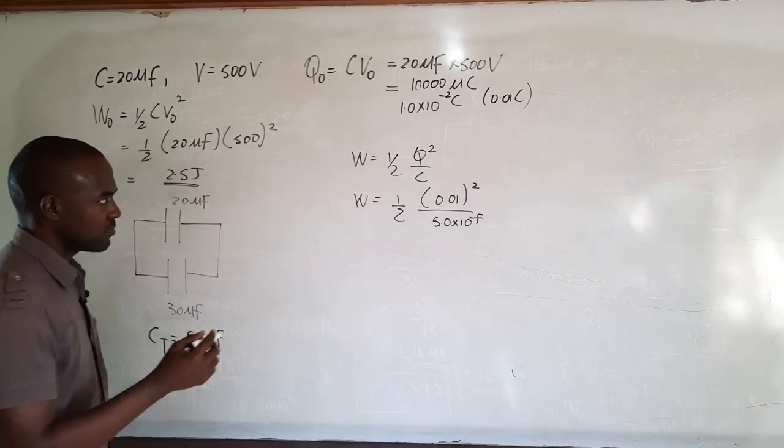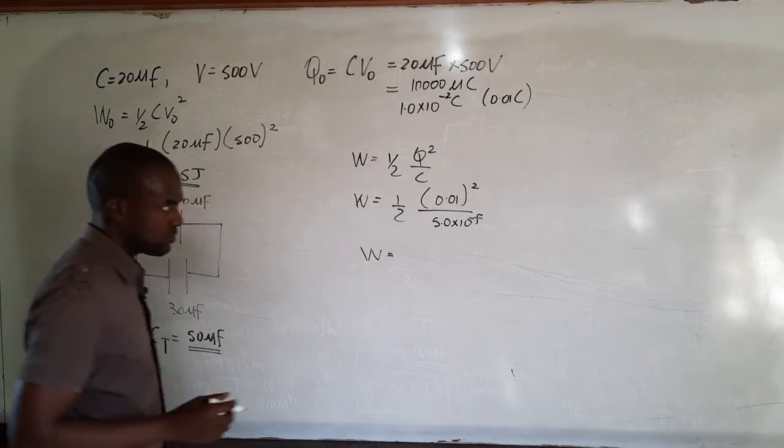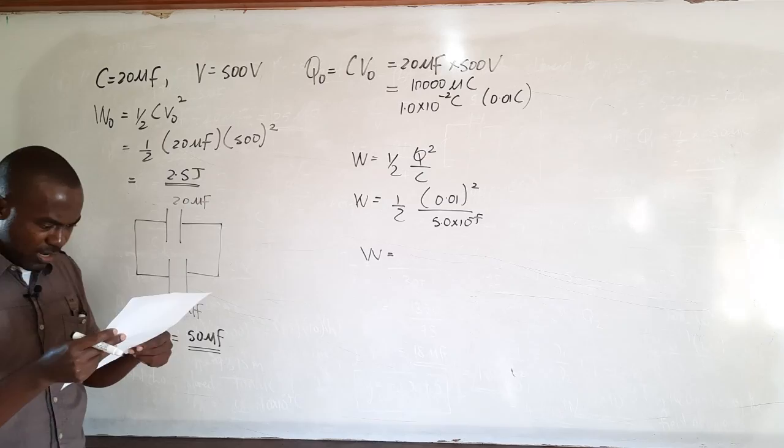And what does that give us? We have W equals, now that should give us 1 joule.